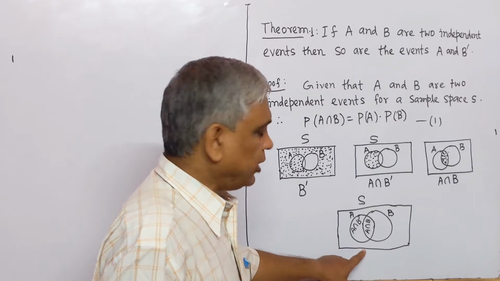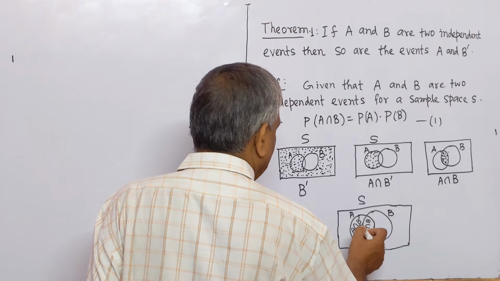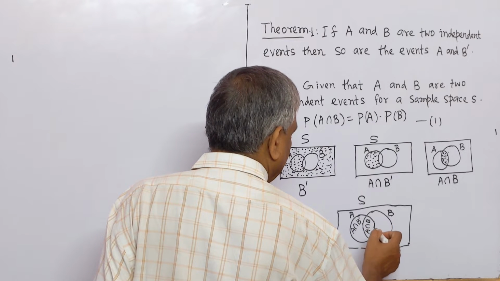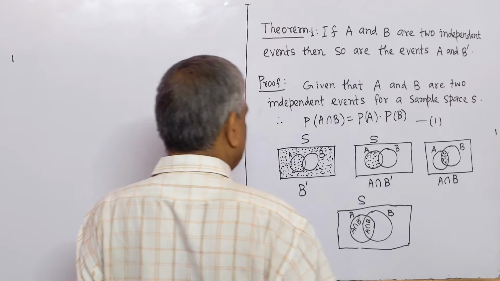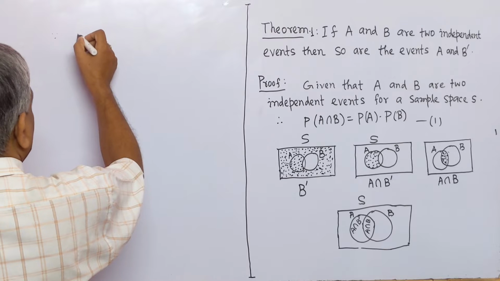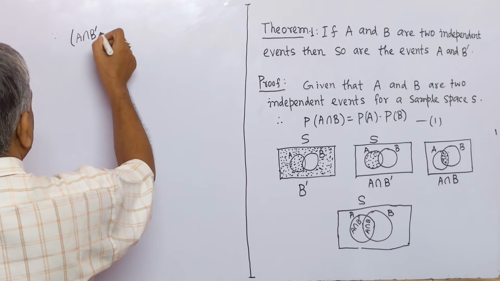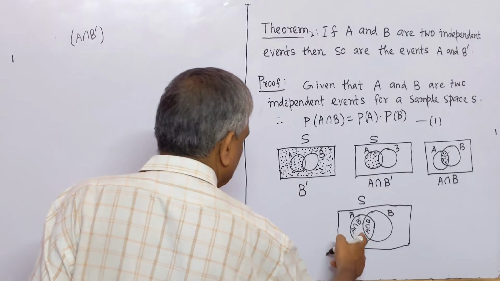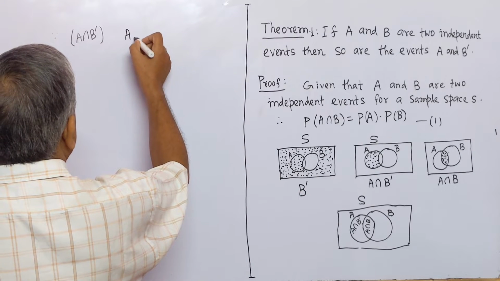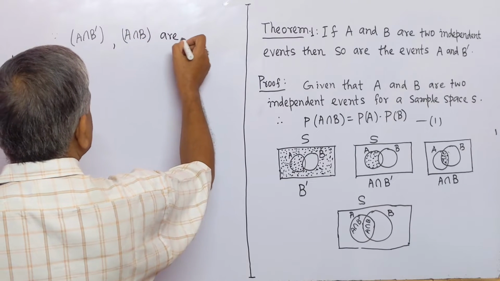Now we come to the next figure. Here this part is A intersect B complement and this part is A intersect B. Now we see that A intersect complement of B, this portion, and this portion A intersect B are mutually exclusive.